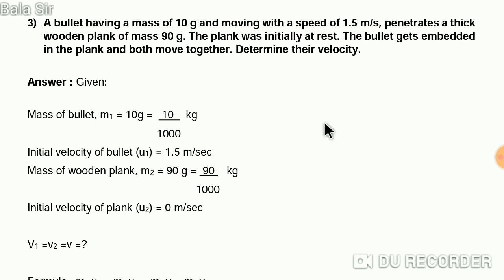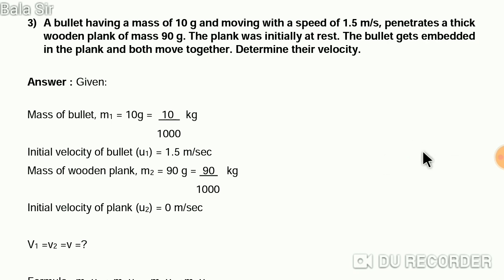But when the bullet hits the plank, both the plank and the bullet move with some speed. That we call the final velocity. The final velocity for the plank is the same.